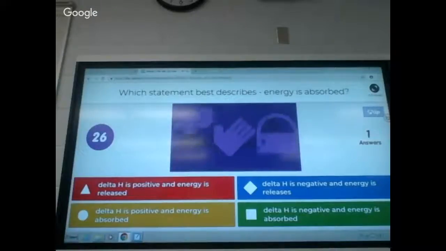Why can't you just say endothermic X? I picked the wrong one. You might even see some of this tomorrow on the quiz.